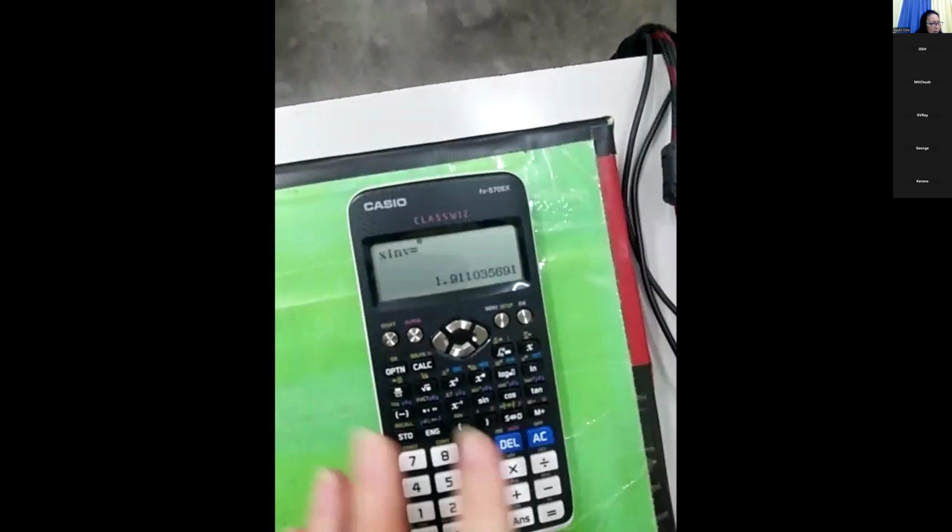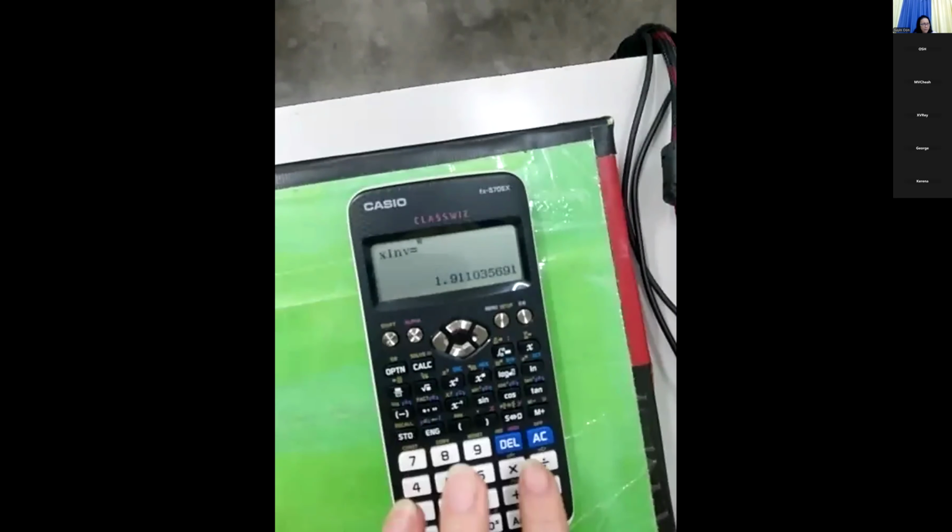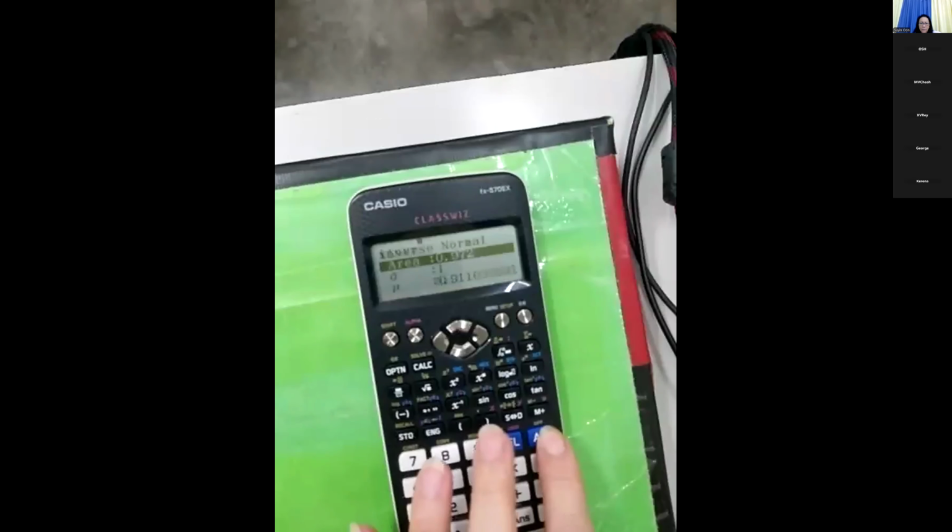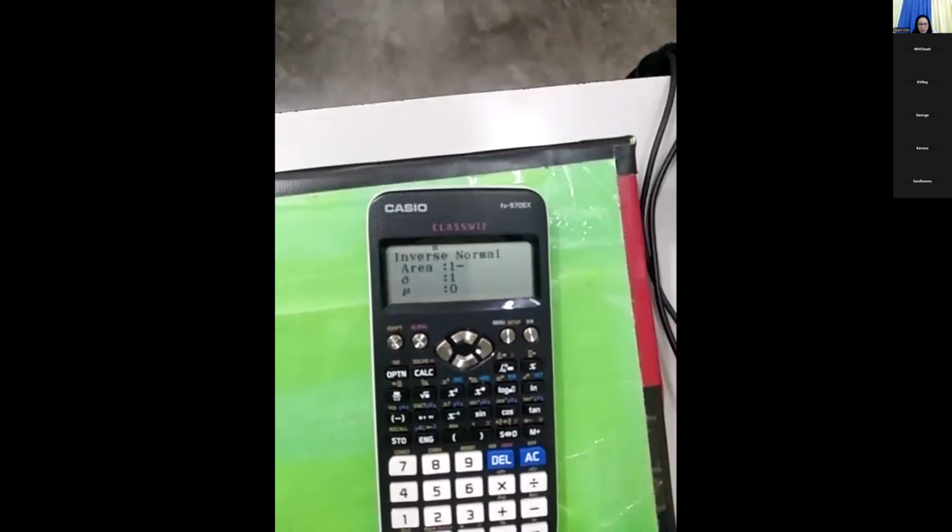Wait. 1 minus, hold on, guys. Okay, 1 minus 0.028.